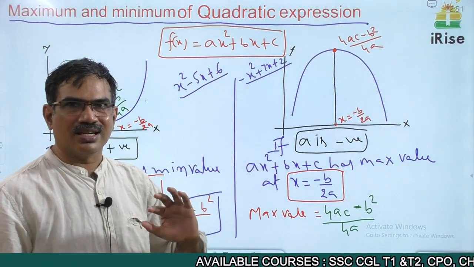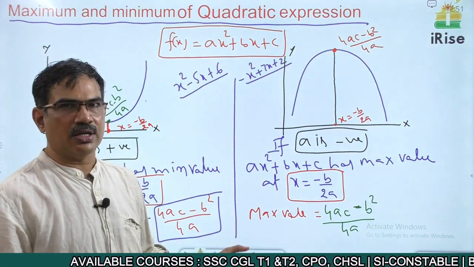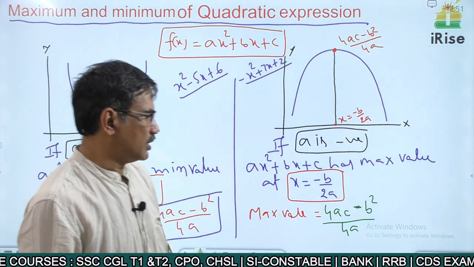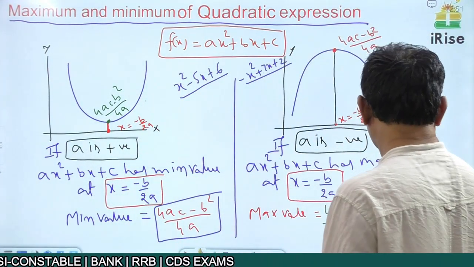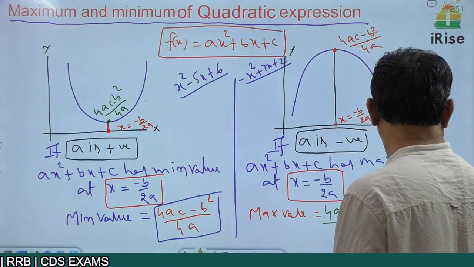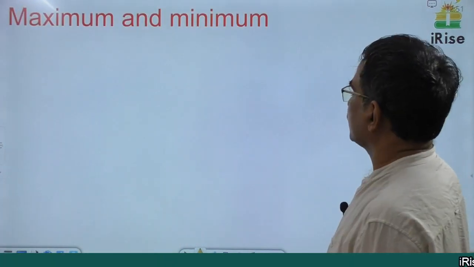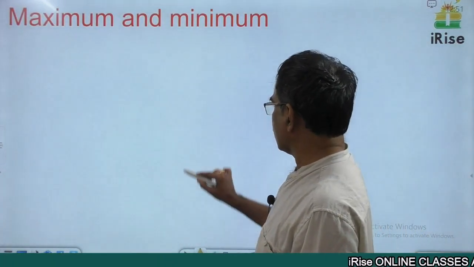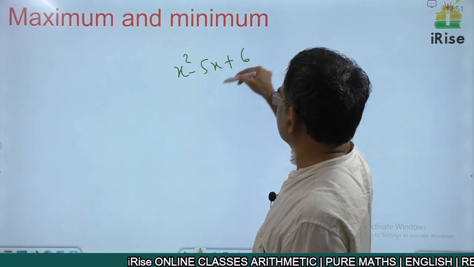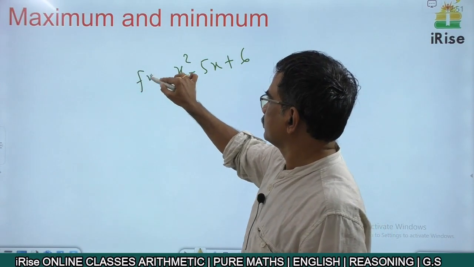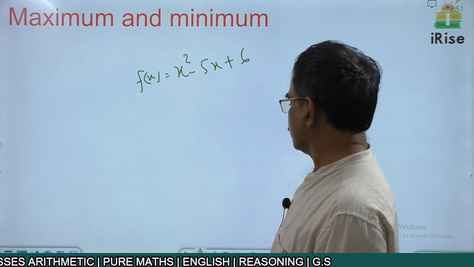Actually, drawing curves is not important, but for understanding purposes I want to explain these things. Listen. I want to consider the curve x square minus 5x plus 6. Then what do we get?